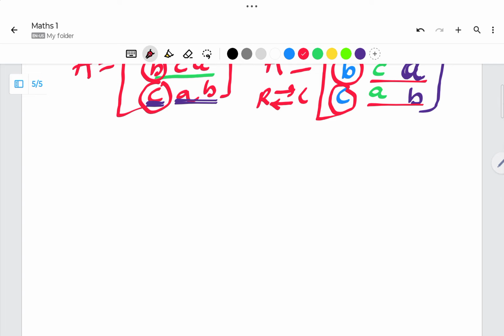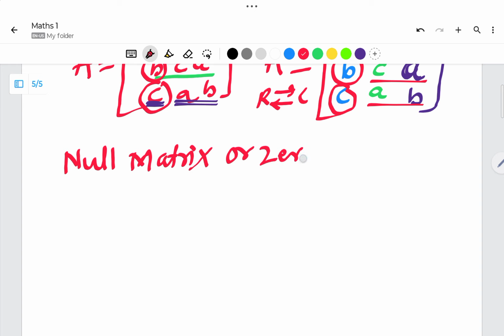Next, null matrix. Null matrix or zero matrix. A matrix in which all the elements are zero is called the null matrix.